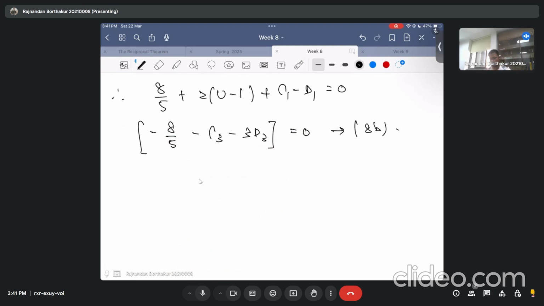You can just evaluate these unknowns: C1, C3, D1 and D3. I believe you are comfortable doing this math and solving for them.